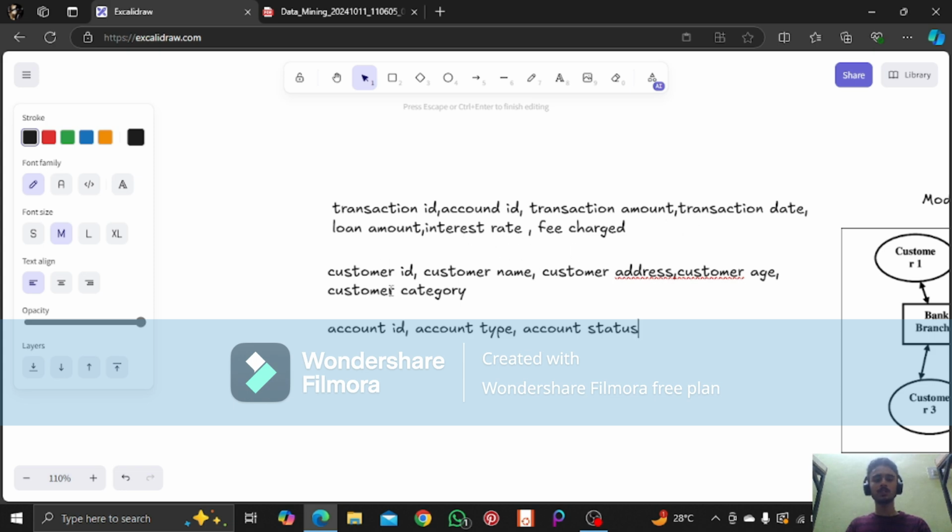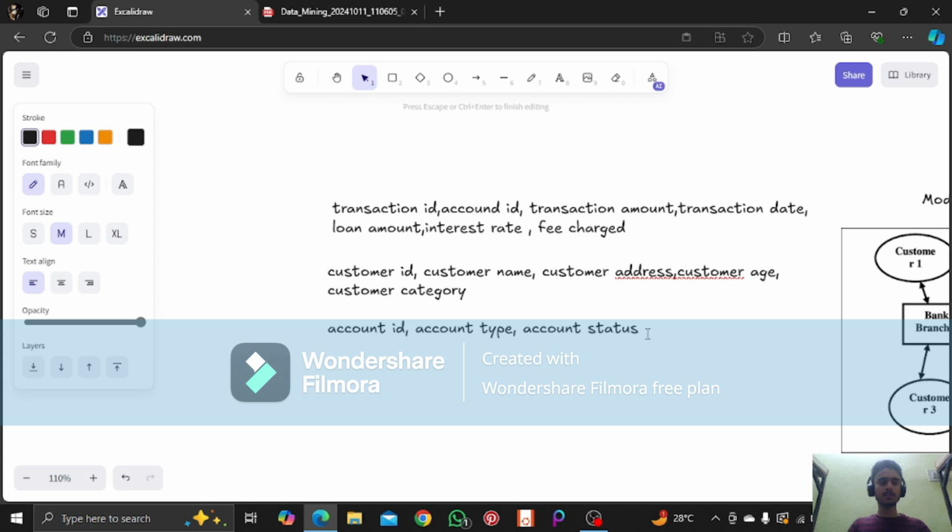Then we talked about the customer dimension, which includes customer ID, customer name, customer address, customer age, customer category. And after that, we talked about the account dimension, which includes account ID, account type, account status. So moving on to the branch dimension.